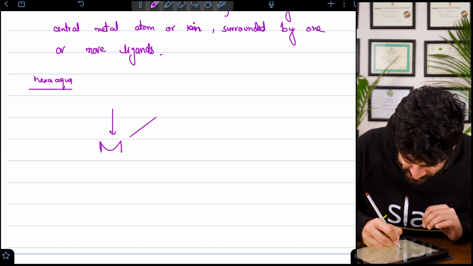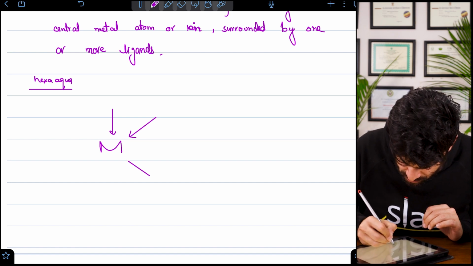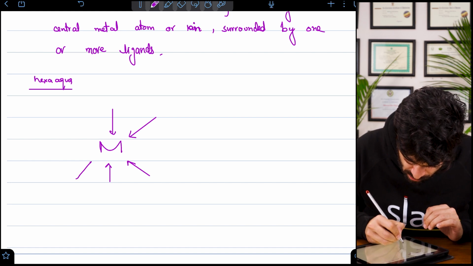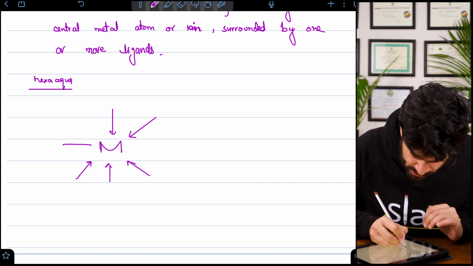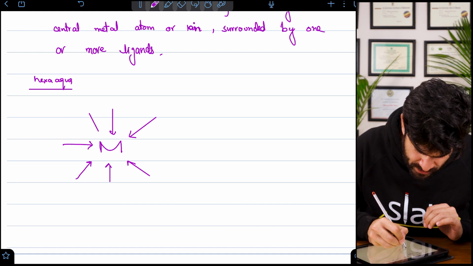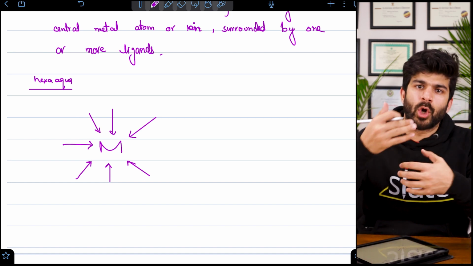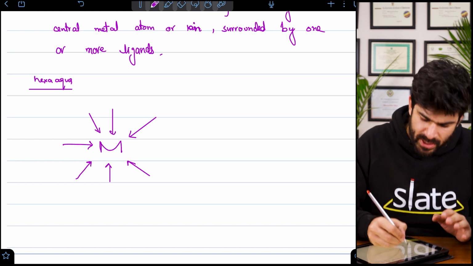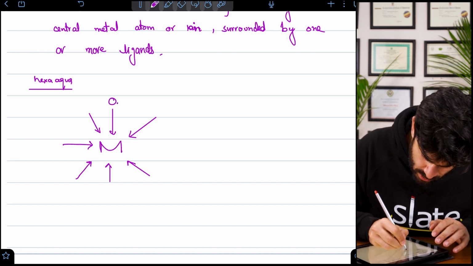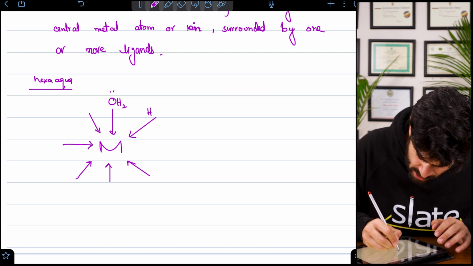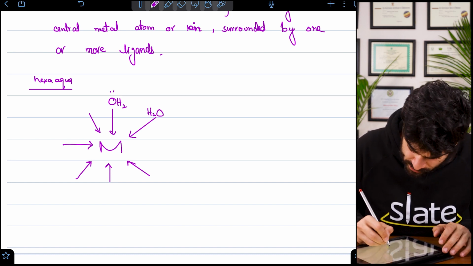Technically, it's going to be a 3D shape, but this does not serve the purpose here, students, because we are not able to find out what is here. OH2, remember, it's always the oxygen that is bonded.